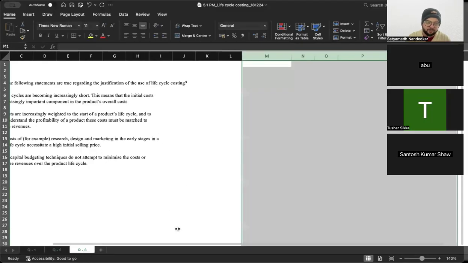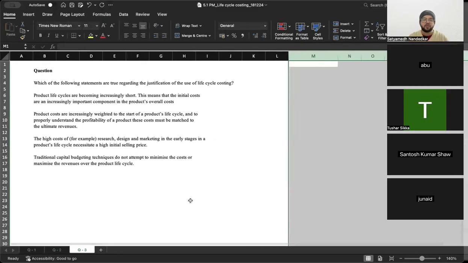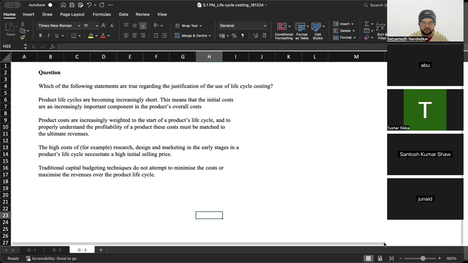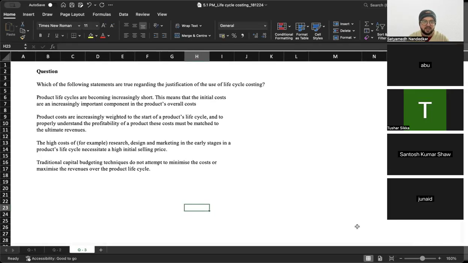Last question. Which of the following statements are true regarding the justification of life cycle costing? Product life cycles are becoming increasingly short. This means that the initial costs are an increasingly important component in the product's overall cost.